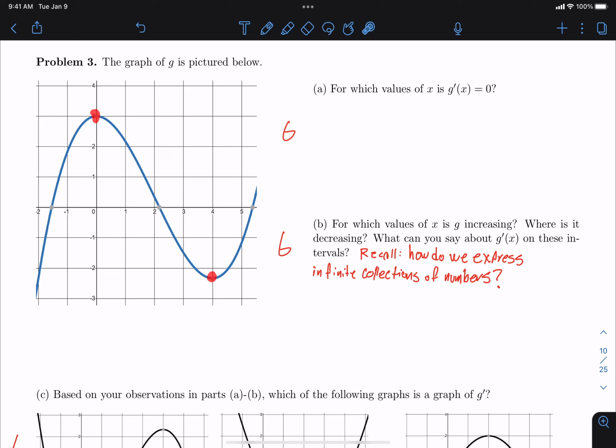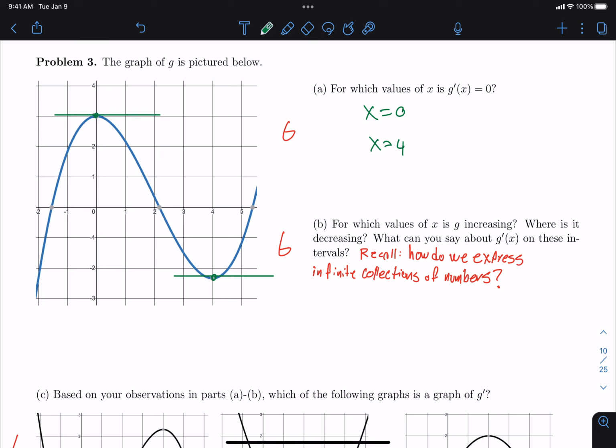For example, I might want to maximize my profits, or I might want to minimize my carbon emissions. So being able to identify where the minimum or maximum is on a function, or where the minimum is going to be at some future time, is super useful from a business perspective. And we just learned that maximums and minimums occur when the derivative is equal to 0, which is at x equals 0 and x equals 4. You can see that the tangent line is going to be horizontal at both of these points.